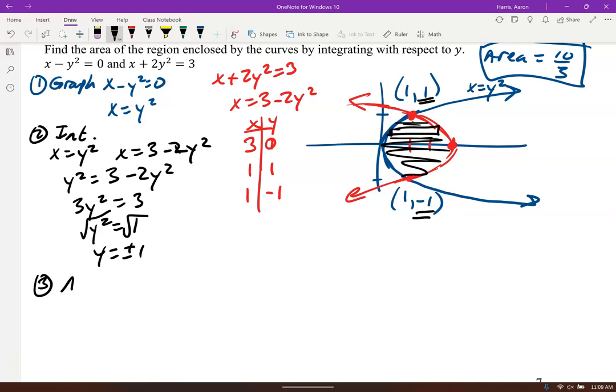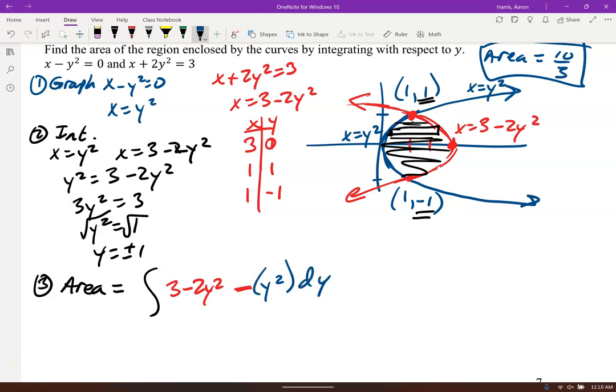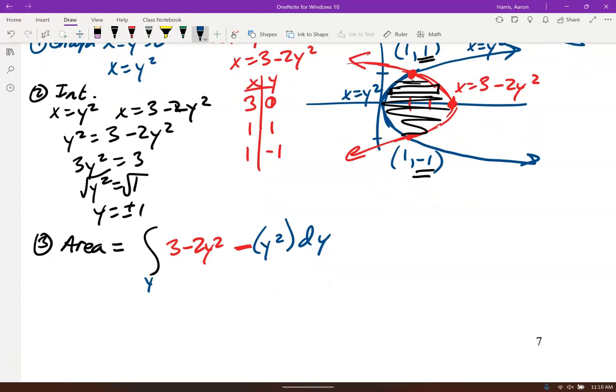So we're making our cuts that way, right? And of course, this is the area that we're doing. So let's do the area. The area is right hand side. Well, the right hand side is that 3 minus 2y squared, minus the left hand one, which is x equals y squared. This is my left hand. This is my right hand. From the low y value to the high value where they hit.